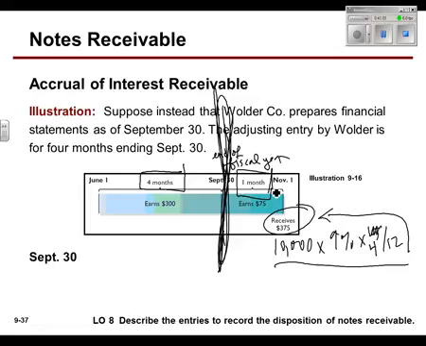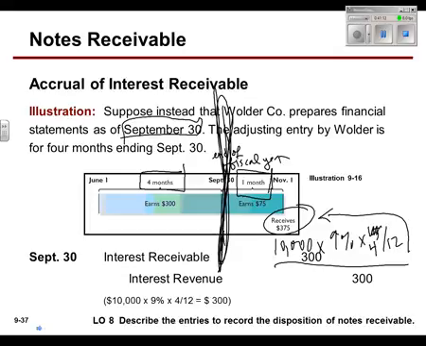It's kind of annoying, isn't it? So they're asking us at the end of September, what have we earned? Interest receivable of 300, interest revenue of 300. They're just asking us 3/4 of the way through this loan, what have we earned?